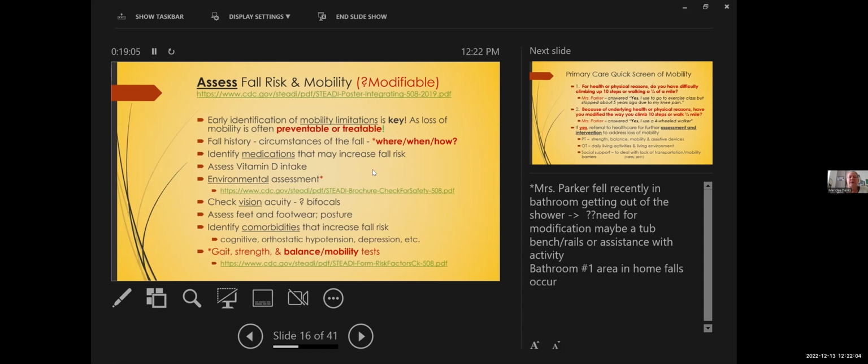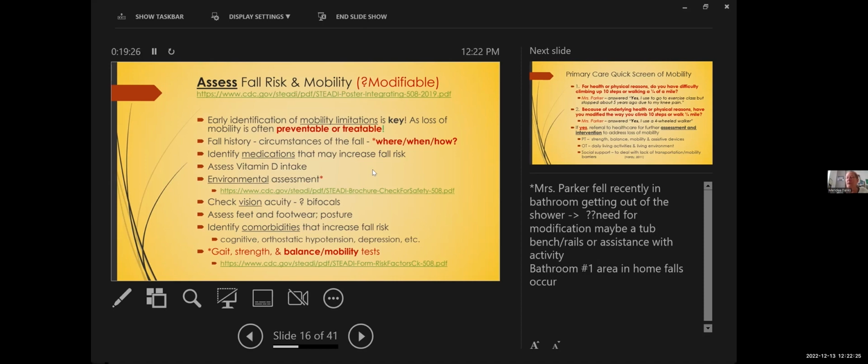Things that go into the environmental assessment coming up. So knowing the circumstances of the fall, where she fell, when, how she fell, tells us a lot. And is it modifiable? Was it something in her home that caused the fall? Identify medications.